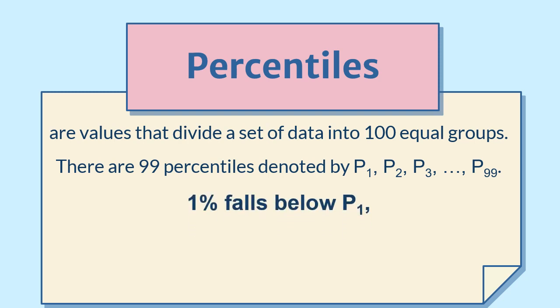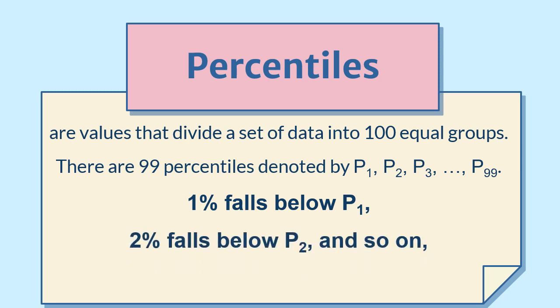In this organization of data, 1% falls below the first percentile, 2% falls below the second percentile, and so on, and 99% falls below the 99th percentile, while 1% will be equal or greater than the 99th percentile.